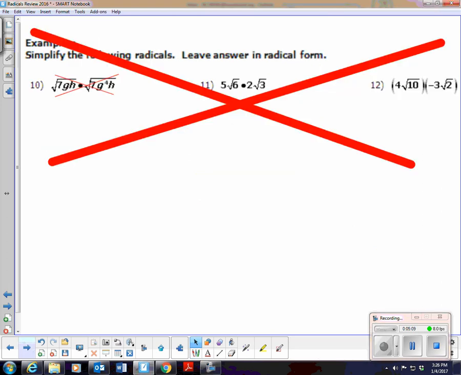Okay, so I was going to work these problems, but I decided maybe best we'll try those later on. You could work 11 or 12 here if you'd like, and then you could check in class. If you do this one, then you get 30 times the square root of 2. And this one over here, you get this one, you get negative 24 square root of 5 if you wanted to practice those.